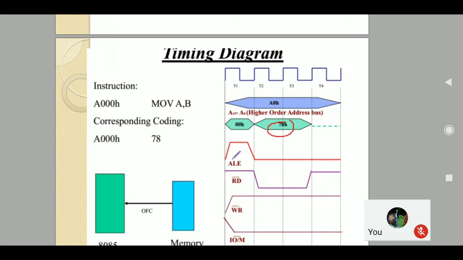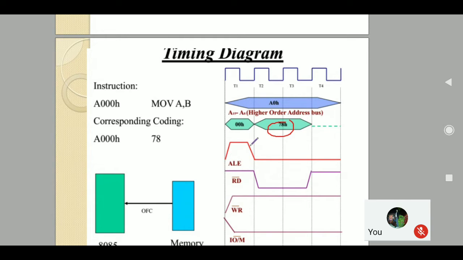To separate the data bus and the address bus, the ALE signal is going to latch. So if I have a high ALE signal, that means the lower order address will be generated. That is why it is shown high.